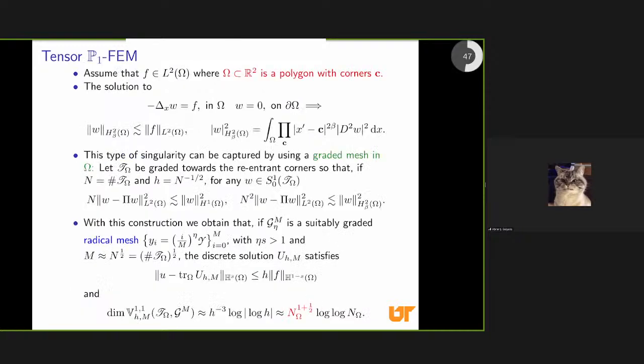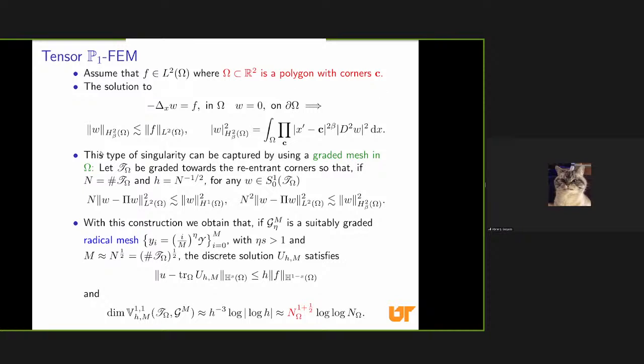So it turns out that now you can do essentially whatever you want in the domain omega. So for instance, we can do P1 finite elements. We can even handle reentrant corners in 2 dimensions.